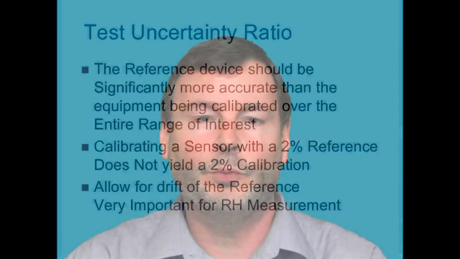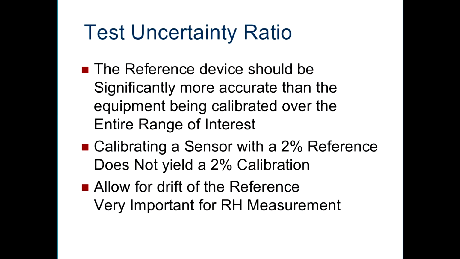I'll quickly cover something called test uncertainty ratio. This is a whole topic unto itself, but I think there's a key point that's worth mentioning. And that is the reference device, when performing a calibration, should be significantly more accurate than the equipment being calibrated. And that should be the case over the entire calibration range.